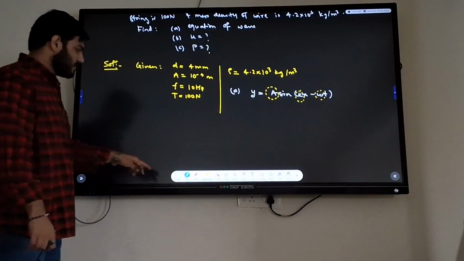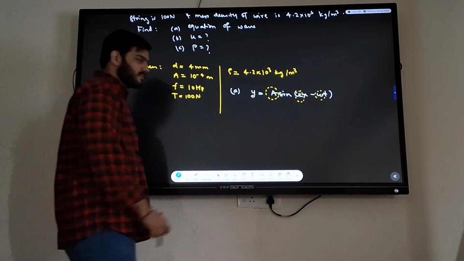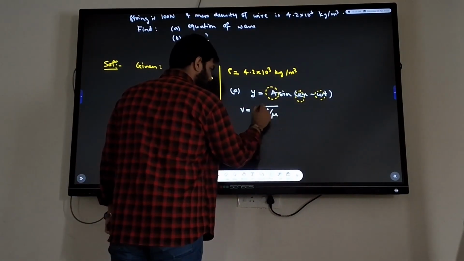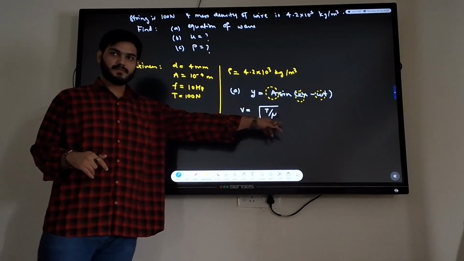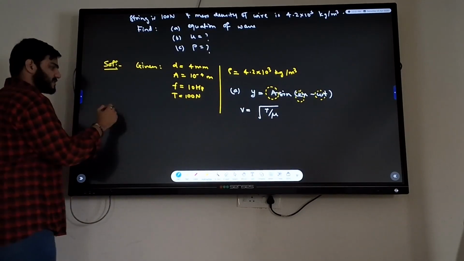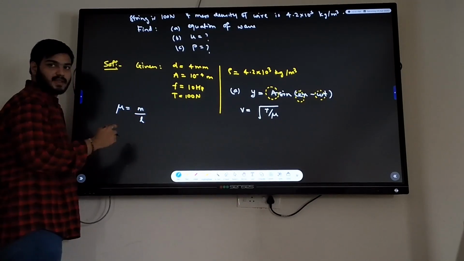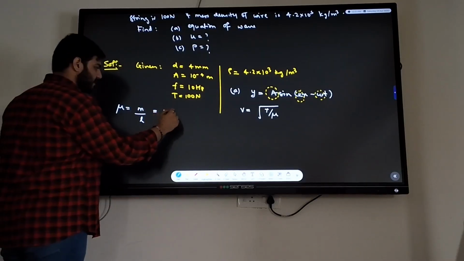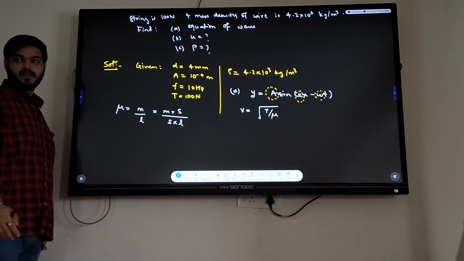Do you have an expression for the speed of the wave? v equals under root T by mu. But should I substitute rho with mu? No, I should write this: mu is mass upon length. Let's multiply and divide by area. Then this will be mass into surface over surface into length.